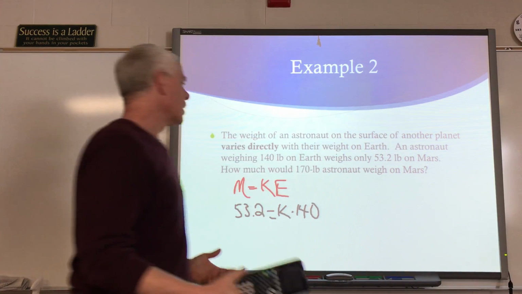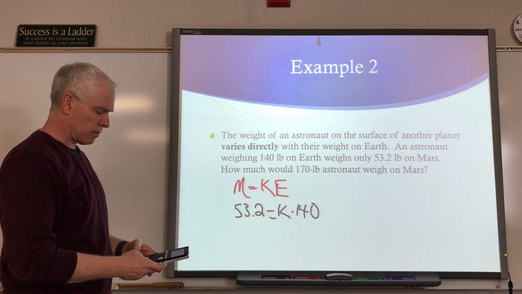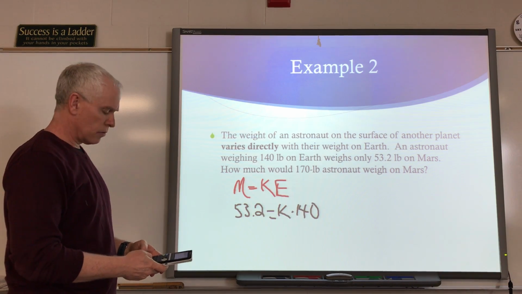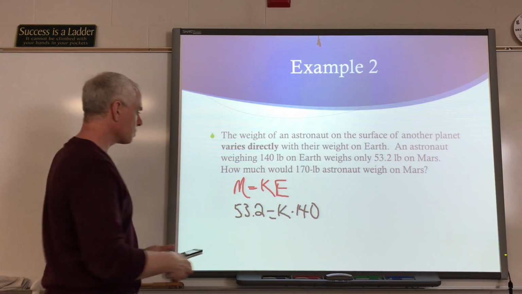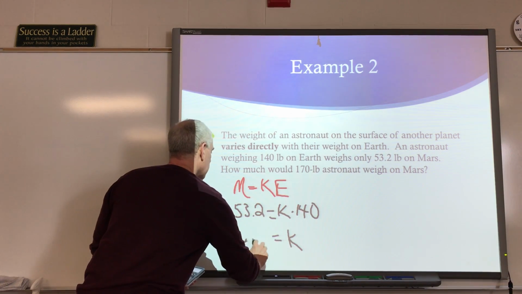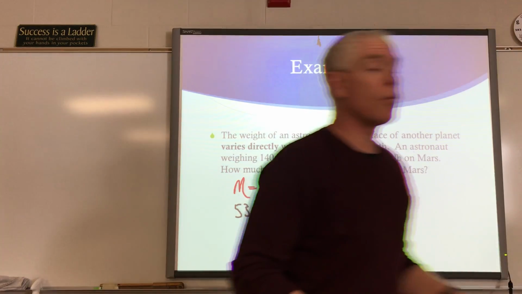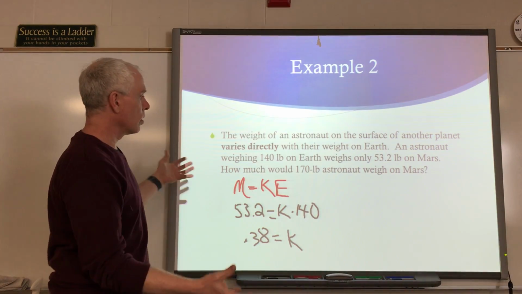Okay, so I've got a little bit of work to do on the calculator here. To solve for k, I'm going to have to take that 53.2 and divide it by 140. And I get 0.38.